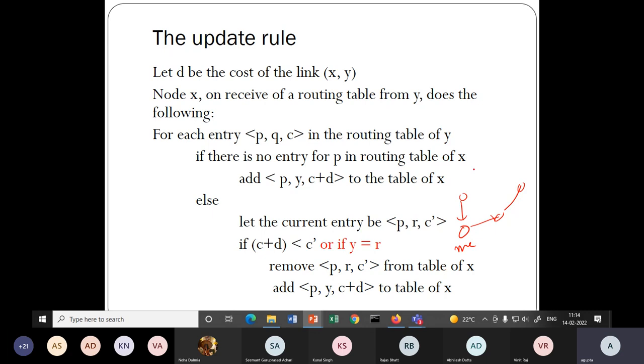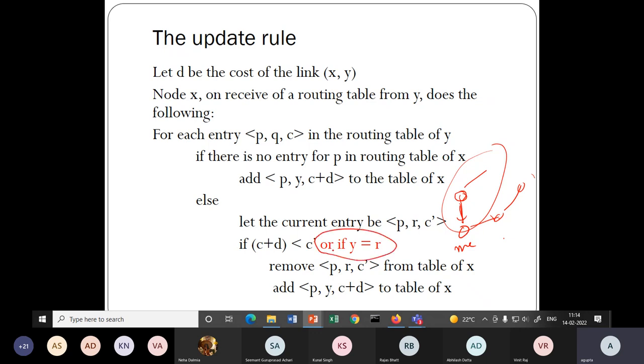I look at the cost I have in my table and the cost that it is advertising plus this link cost. If this comes out smaller, I will change my route, which basically means I will change my next stop and update the cost. This happens if the new route found is less costly than the route that I have.